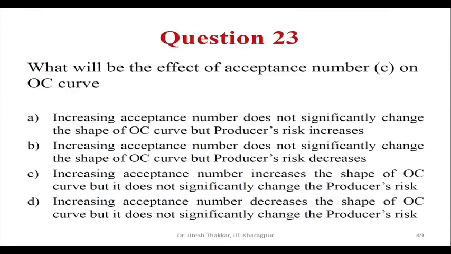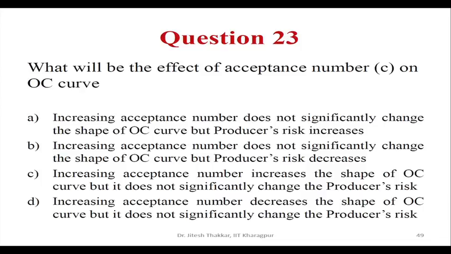Question 23. What will be the effect of acceptance number on the OC curve? It means if you increase or decrease the acceptance number, what will happen to the OC curve? Here you are supposed to evaluate in terms of increasing value of acceptance number.